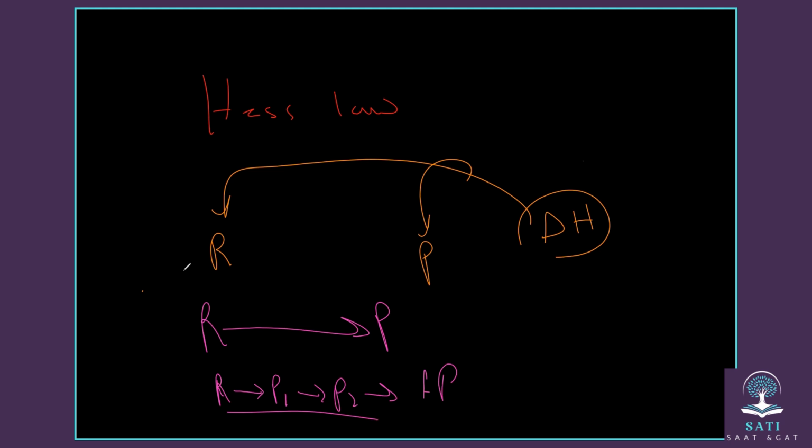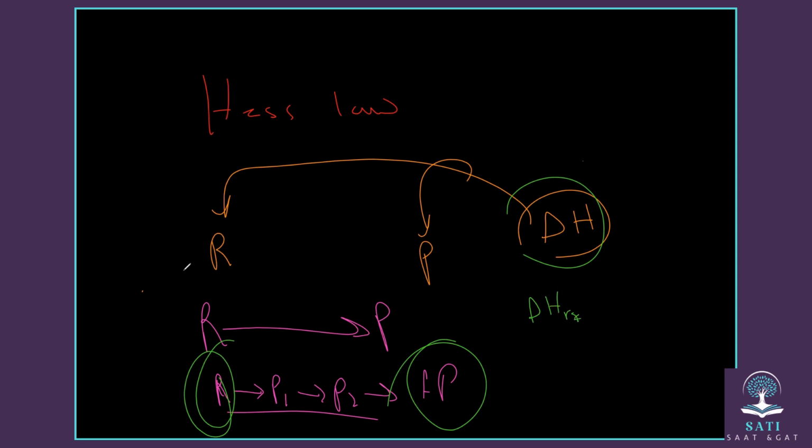So in this case, Hess law means the change in enthalpy depends just on the reactants and the final products, regardless of these steps. And it is mainly the change in enthalpy equals the sum of the products' enthalpy minus the sum of the reactants' enthalpy.